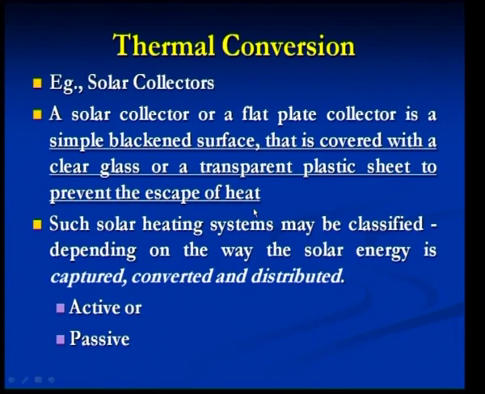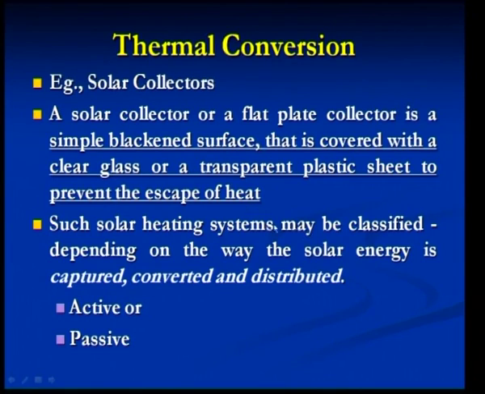So what is a solar collector? It is a simple flat plate collector which has got a blackened surface in order to absorb the maximum amount of energy, that is covered with a transparent glass or a transparent plastic sheet. This is available in order to prevent the dissipation of the heat that can take place otherwise. So that is your solar collector.